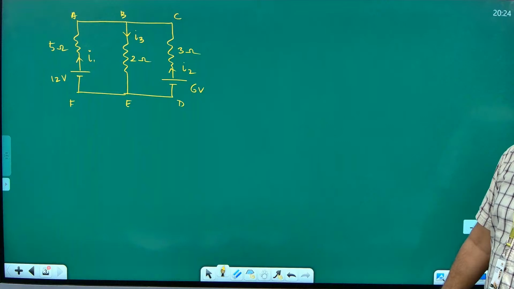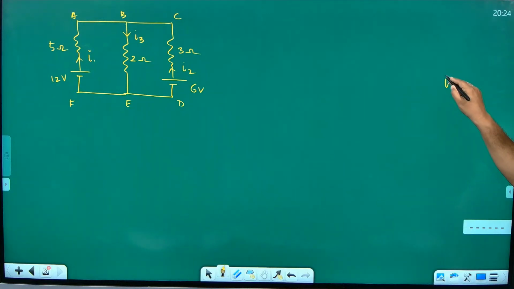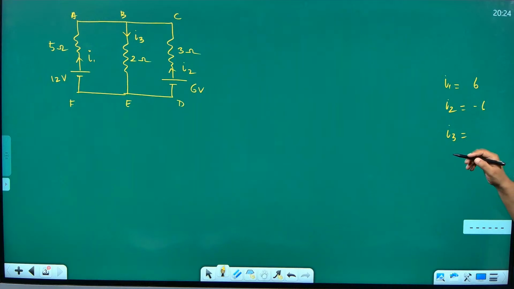Those who got the answers, what are the values of I1? Pratap, you said something. Yes, please tell me. Somebody is getting 6. Actually not 6, I2 is 3 amperes.